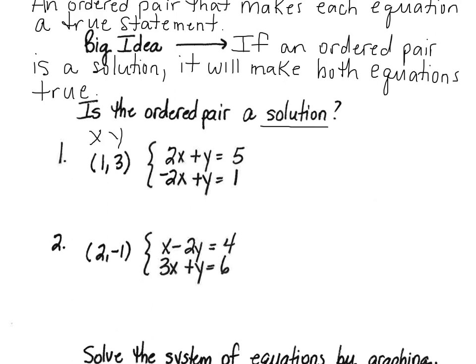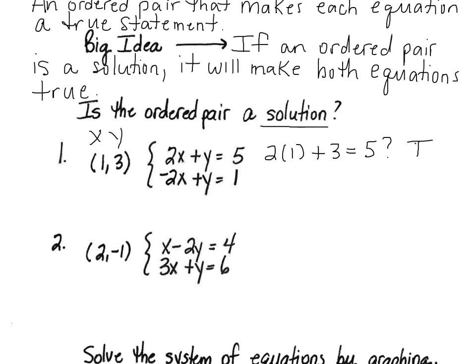So if I plug it into the top equation, I would have 2 times 1 plus 3, and I want to know if that's equal to 5. And 2 times 1 is 2, 2 plus 3 is 5, so I'm going to say that's true. I'm going to plug 1, 3 into the bottom equation.